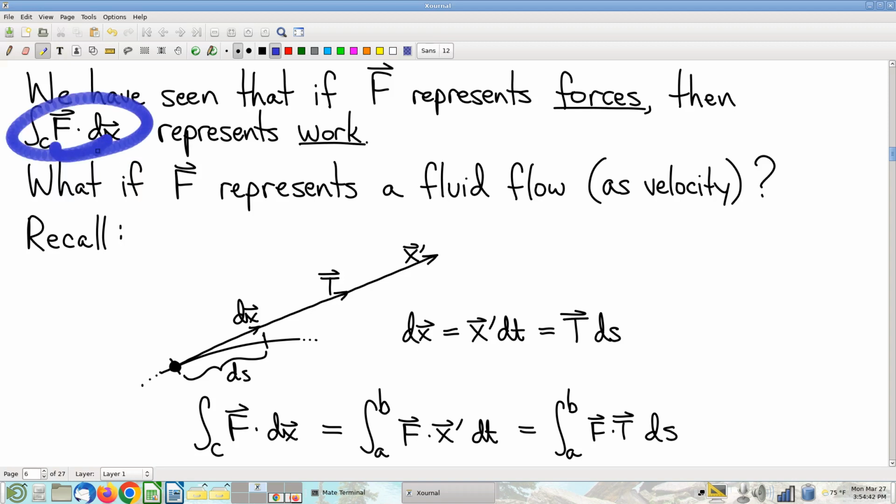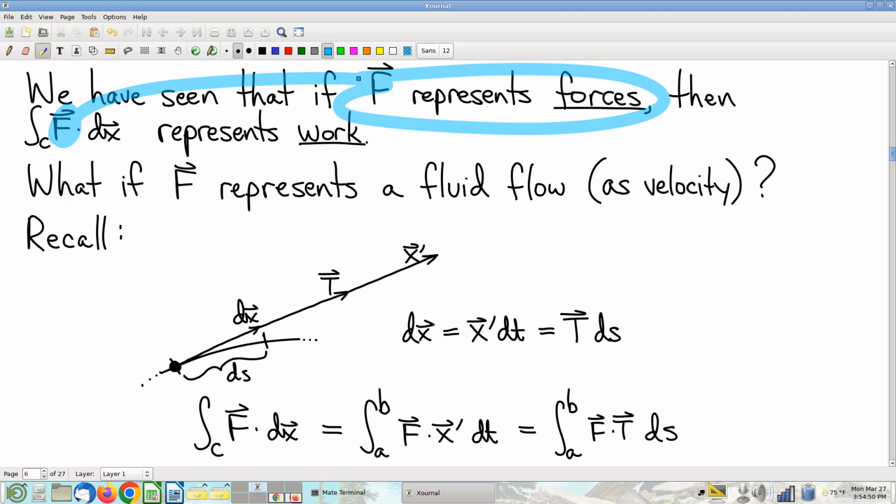Where did we get that this was equal to work? Well, we got this interpretation by viewing the integrand as representing forces. And that's one of our standard points of view on vector fields. Vector fields can represent, among many other things, forces. Well, if F is a force, then this is work.